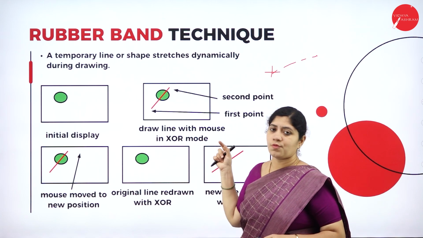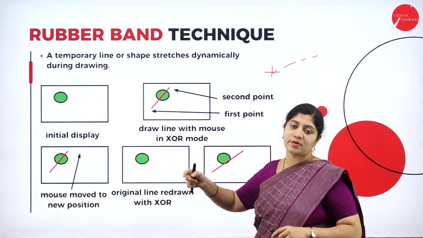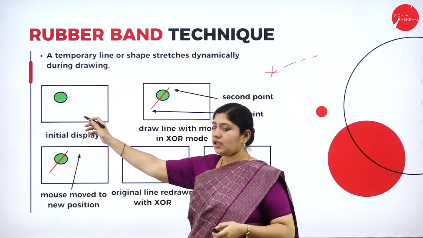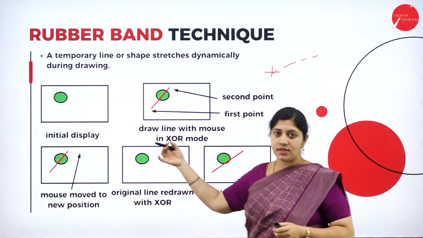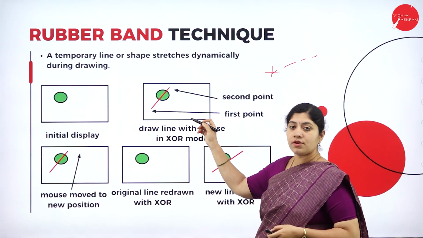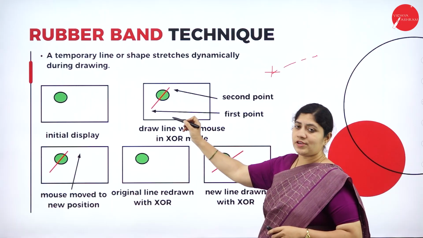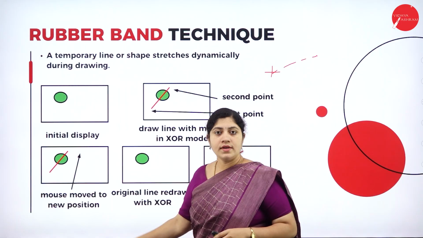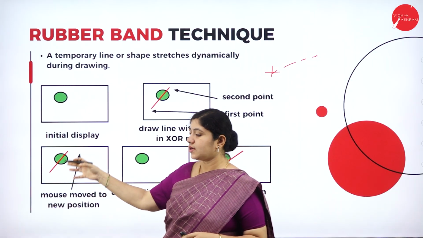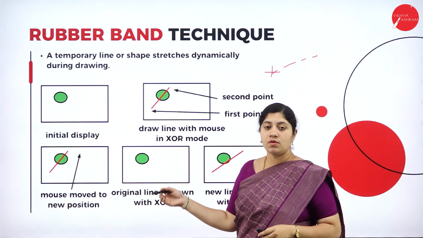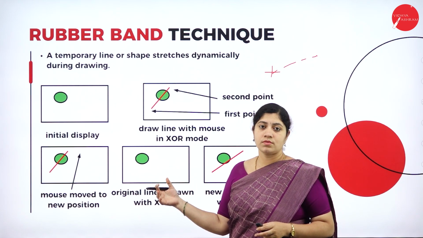Now let's see what are the different steps involved in order to observe this rubber band technique. The first thing is there will be an object or an initial display on our screen. Next, for that initial display, we will draw a line with the mouse in the XOR mode and we will fix the first and the second point. Next, the mouse is moved to the new position after drawing a line. Next, we can observe that the original line is redrawn with the same XOR mode.